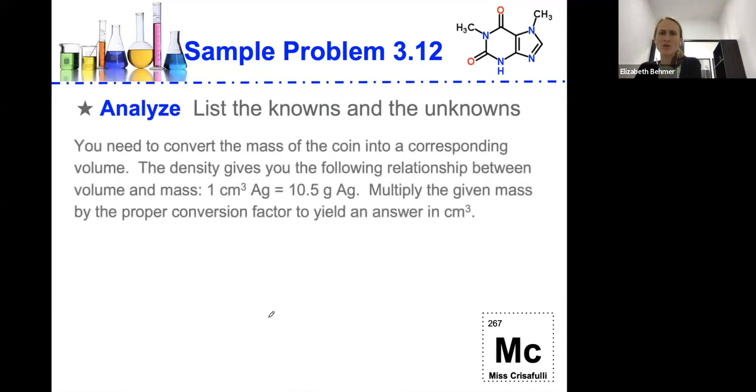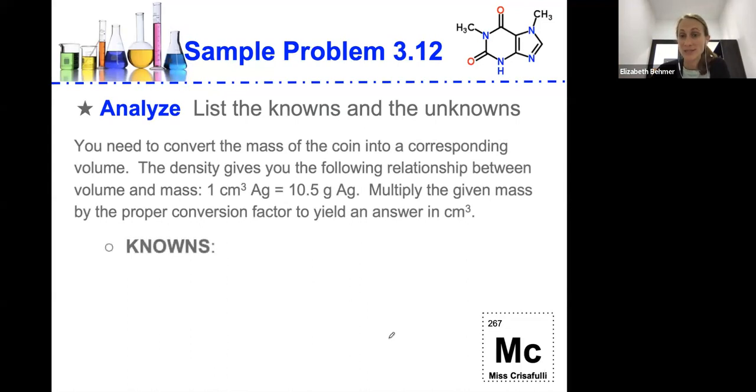So let's list our knowns and unknowns. You need to convert the mass of the coin into a corresponding volume, and the density gives you the following relationship between volume and mass. So 1 centimeter cubed of silver is equal to 10.5 grams of silver. Multiply the given mass by that proper conversion factor to yield an answer in centimeters cubed.